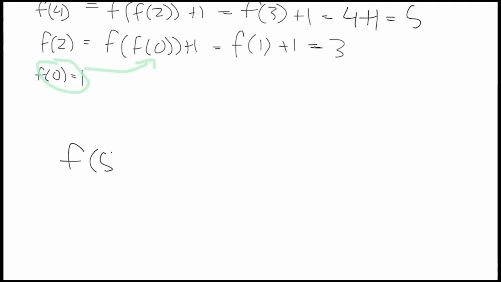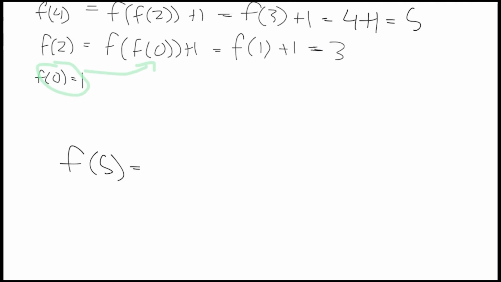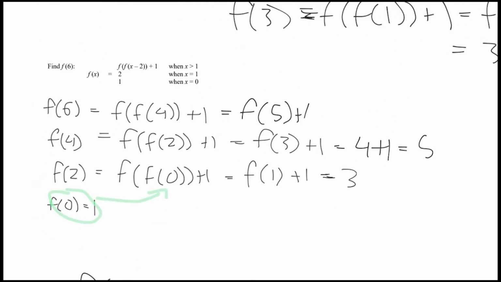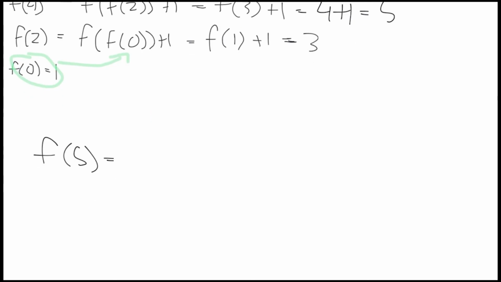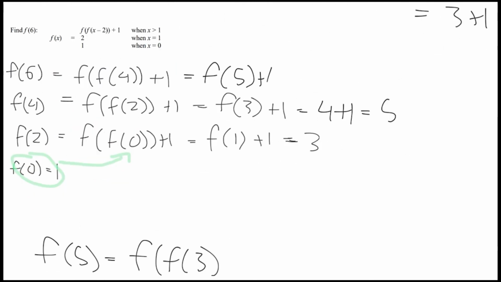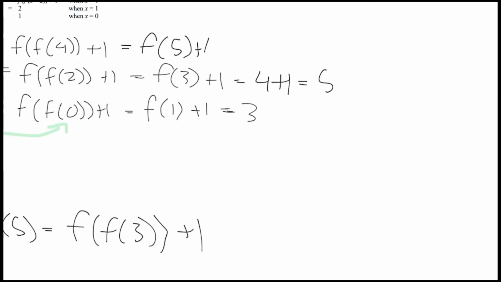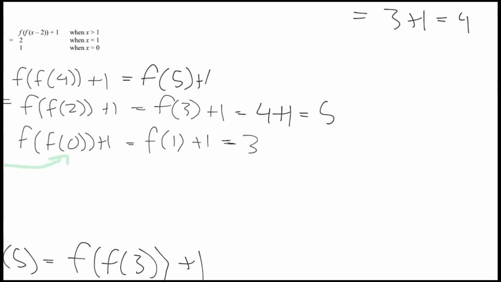F of 5, well, we know that 5 is greater than 1, so we'll use this first condition, f of x minus 2 plus 1. And so that will give us f of 3 plus 1 up here, not minus, if I said minus earlier. F of 3 plus 1. And once again, we've solved for f of 3 already. We know that f of 3 is 4.